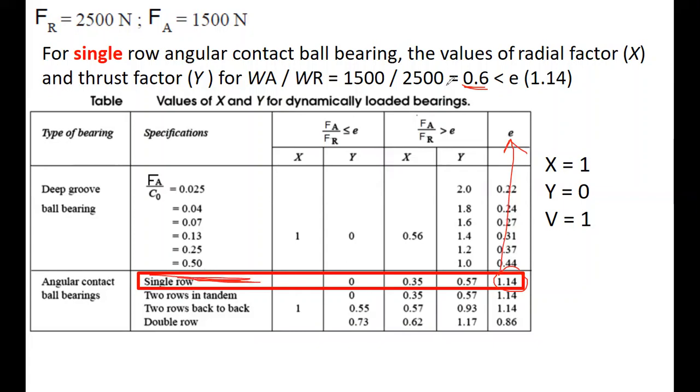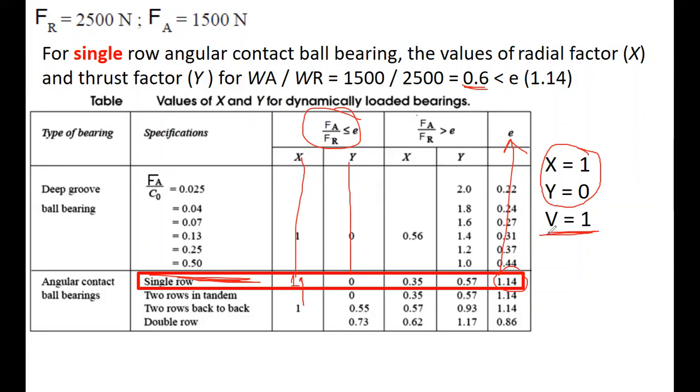So obviously, since FA upon FR is less than E, we will see this column. Now it is clear everywhere this is 1. So our X is 1 and Y is 0. That's why we are choosing X is 1 and Y is 0 from the table.